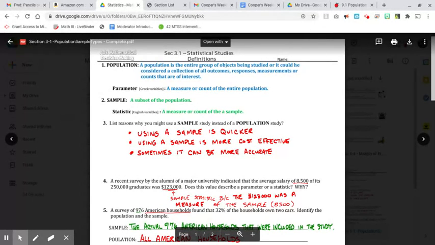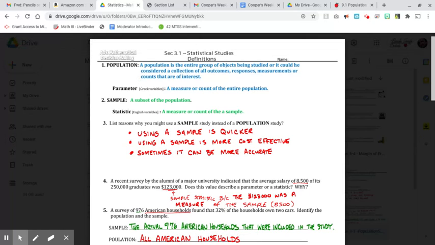Okay, so first of all, the population, that's the first thing here. A population is the entire group of objects that are being studied, or it could be a collection of all outcomes, responses, measurements, or counts that we're interested in. So a population is all. That's the big thing. It's all of the possible things that we're looking at.